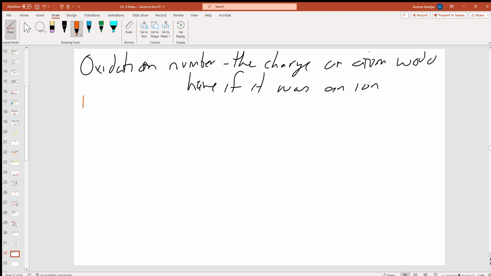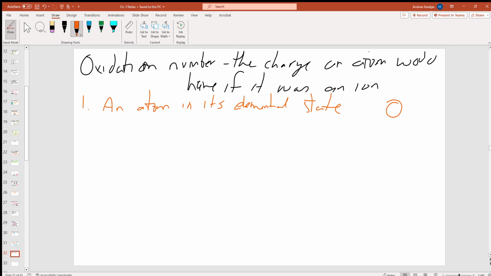So, number one, an atom in its elemental state has an oxidation number of 0. Now, what is its elemental state?